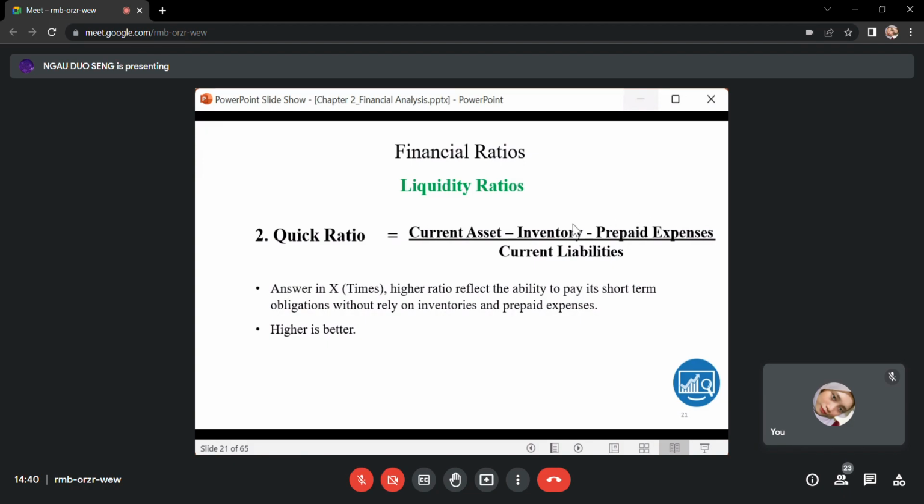That's why kita tolak yang ini dua keluar. We want to check, kalau syarikat memang nak cash dengan pantas, adakah syarikat mampu untuk bayar current liabilities. So we tolak inventory and prepaid expenses. Alright, so you calculate the quick ratio, then you write your answers in the message box.